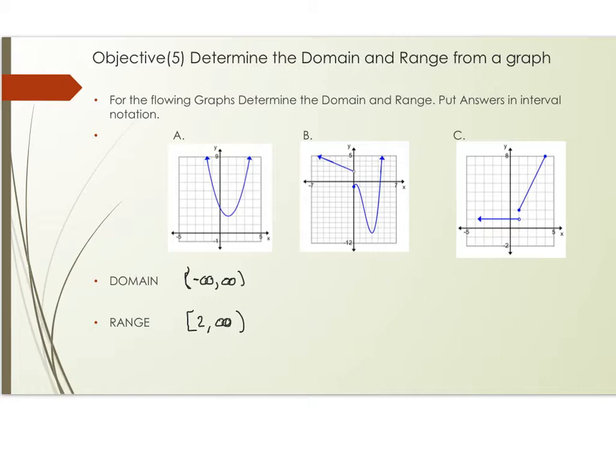So that's our domain and range for A. Now we take a look at B, and we see that the values of x, if we go along the x-axis, there doesn't appear to be any restrictions on x, and again we have the real number set.